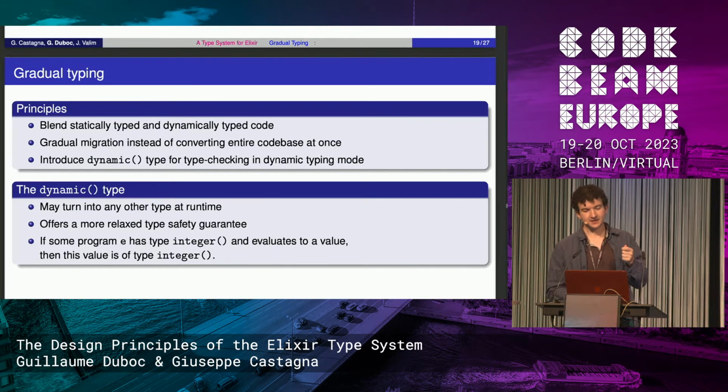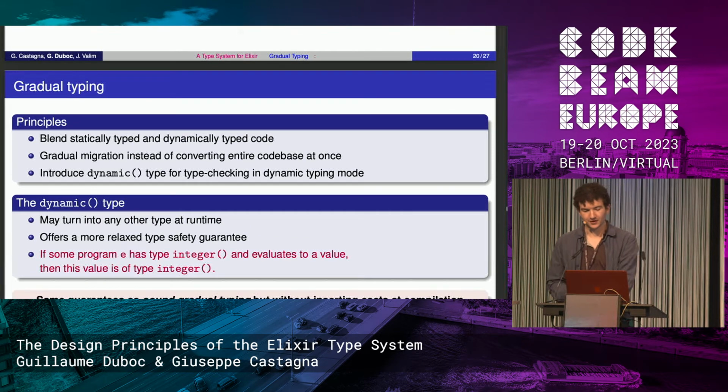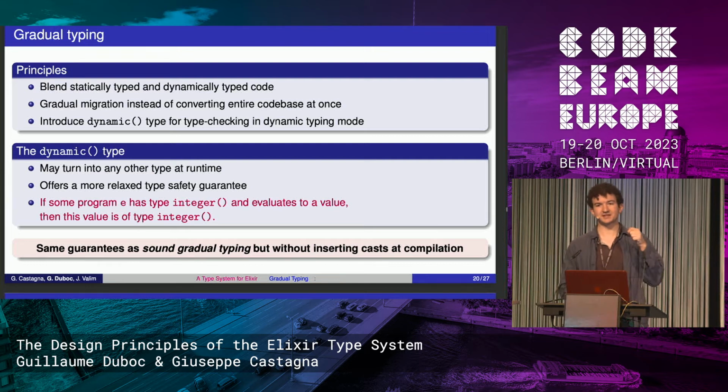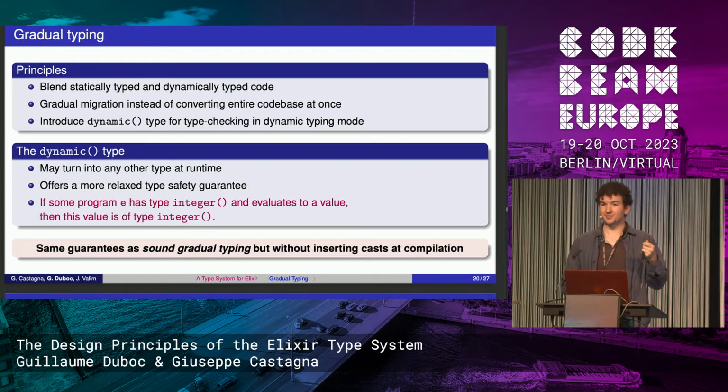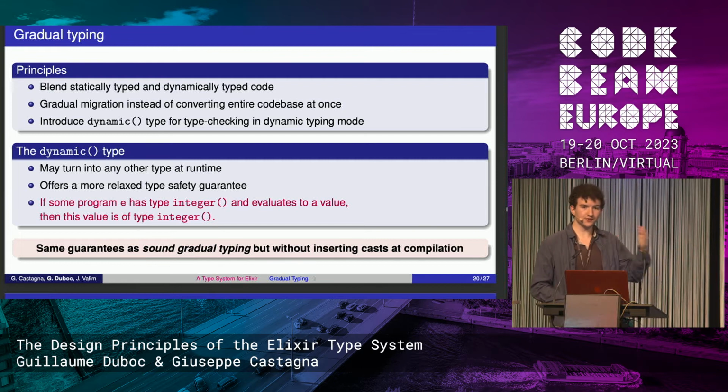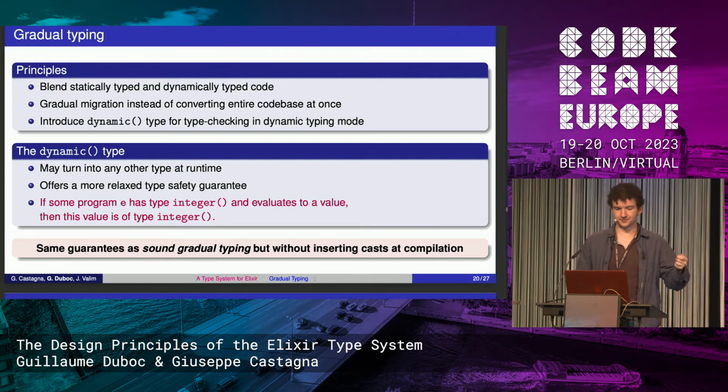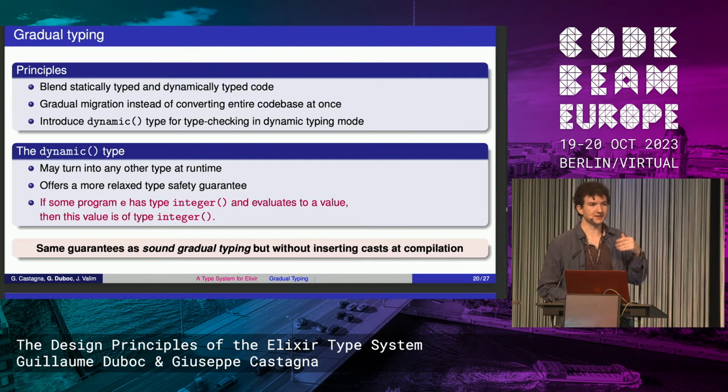In our case, we want to offer a type safety guarantee. That means that if your program has type integer and it evaluates to a value, then this value must be of type integer. You cannot have a conversion to something that's going to be a string through a dynamic conversion. And we achieve this.